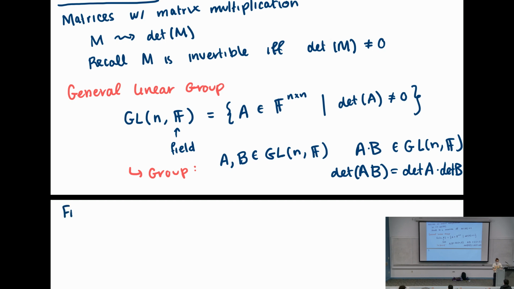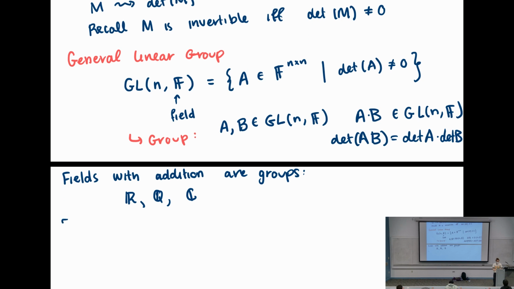Fields with addition are always groups. Examples you may know are the real numbers with addition, obviously the rational numbers we already talked about, and also the complex numbers with addition are a group.